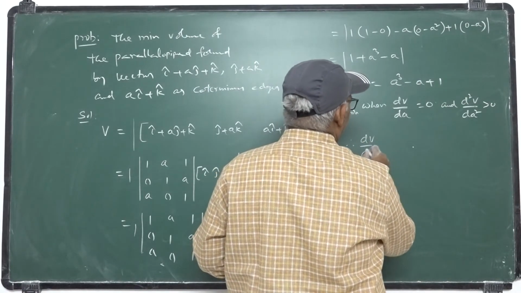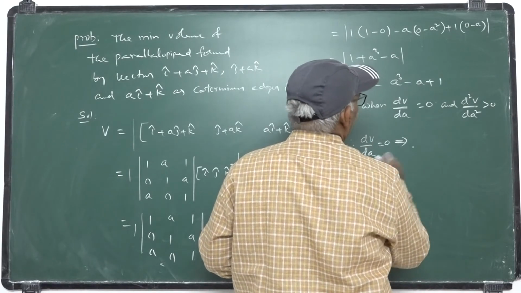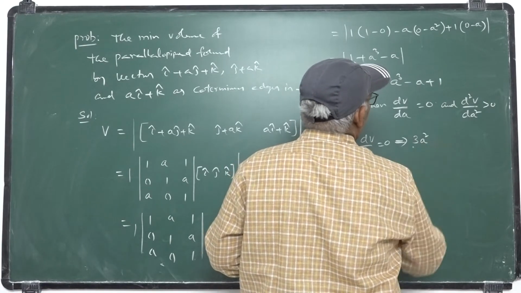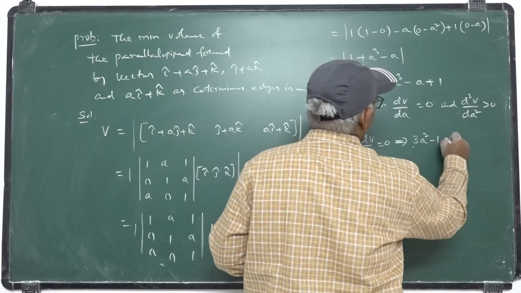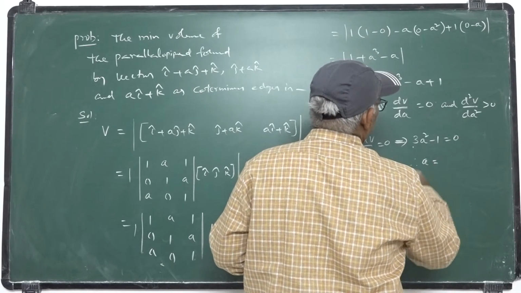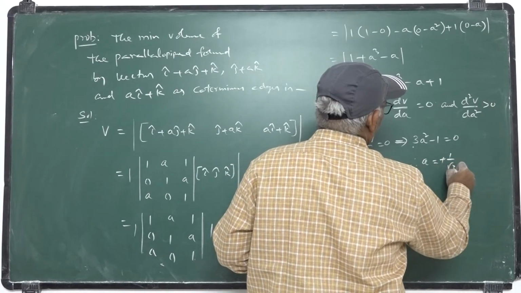Therefore dV by dA is 0 implies 3A square minus 1 is 0, hence A takes the value plus or minus 1 by root 3.